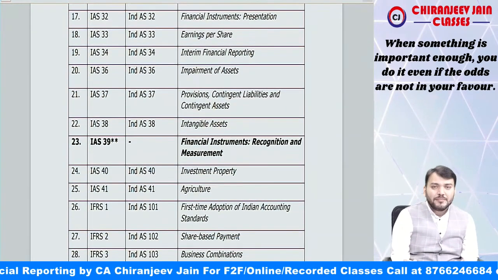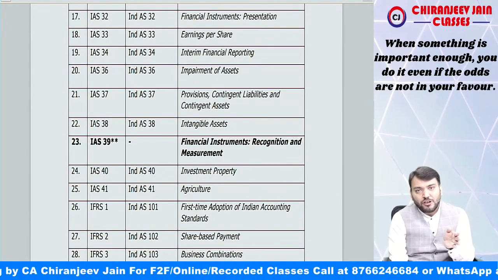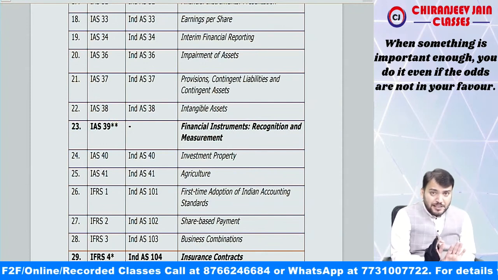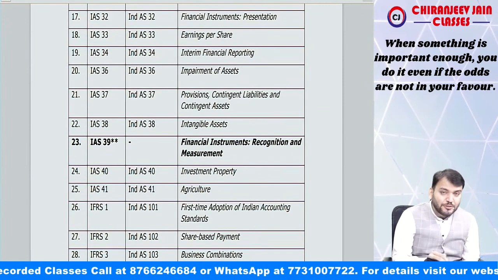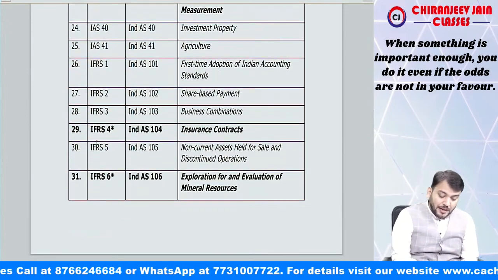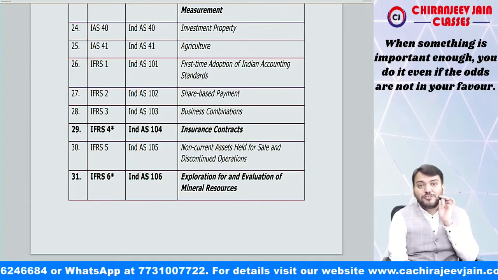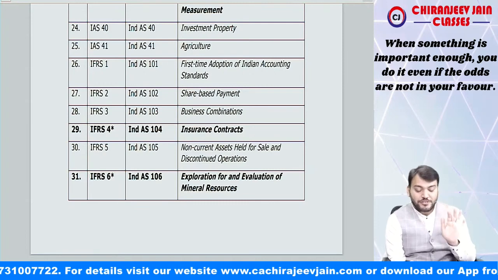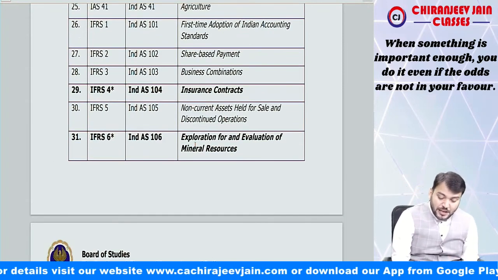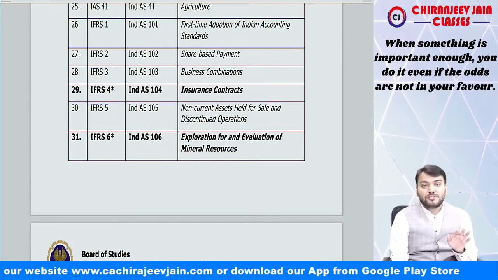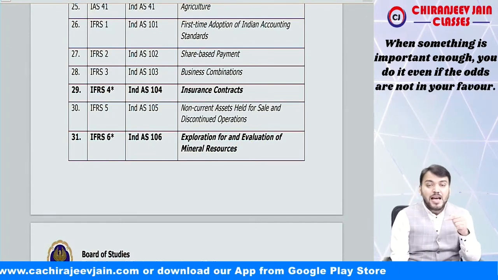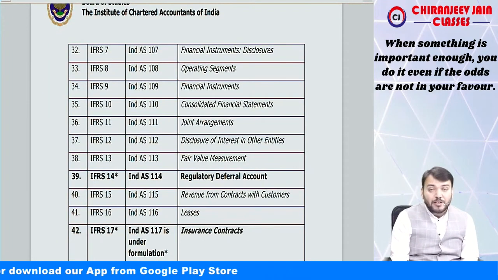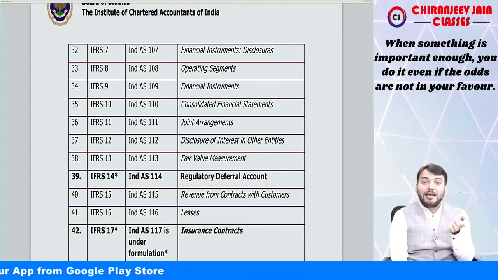And IAS 39 has been removed after introduction of IFRS 9. But still there are some parts which are relevant, so they have kept it, correct. But there is no corresponding Ind AS you can see. So that is also not in our syllabus. Similarly, IFRS 4, Ind AS 104, insurance contracts, is not in our syllabus of Paper 1 and Paper 6C.